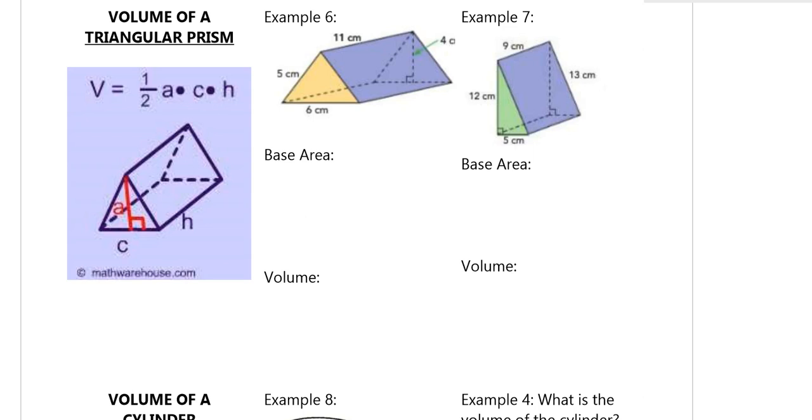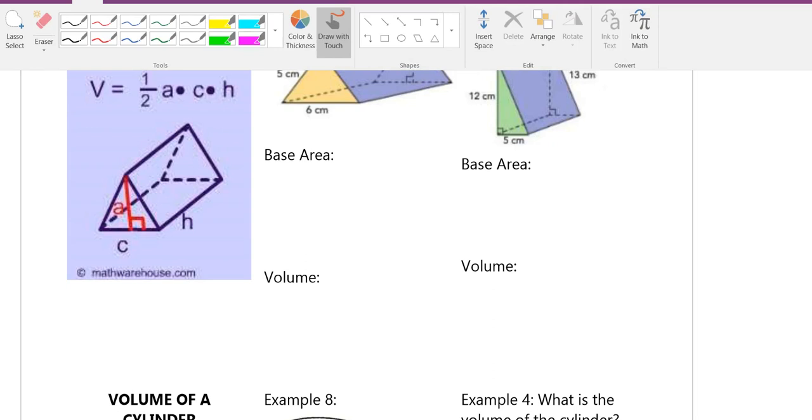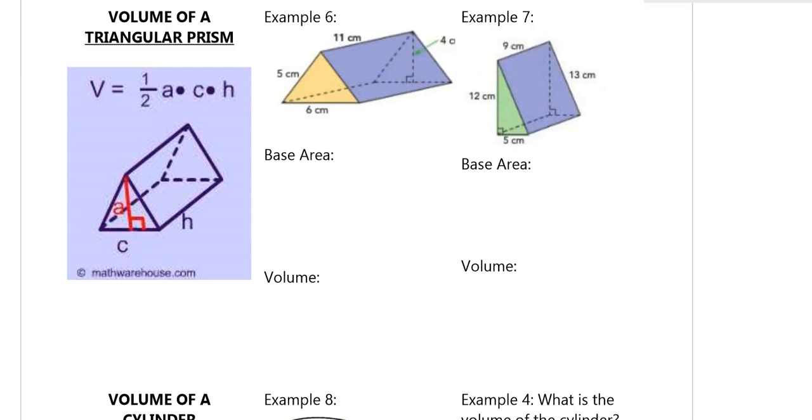The next thing we're going to look at is a triangular prism. For this, we're going to start again by finding our base area. Our base area comes from, right, the triangle. Our base area of a triangular prism is a triangle.